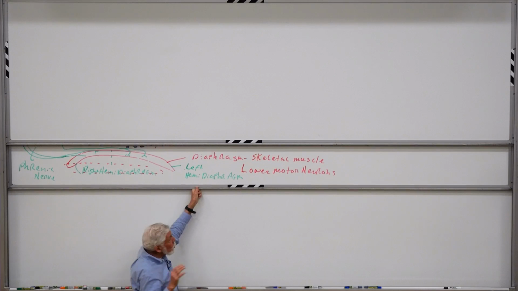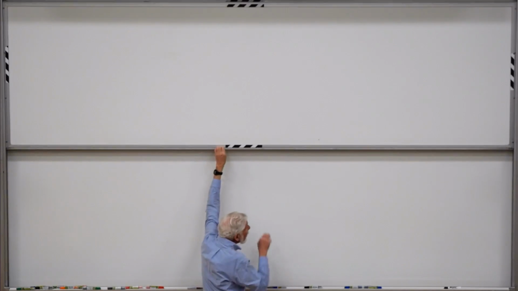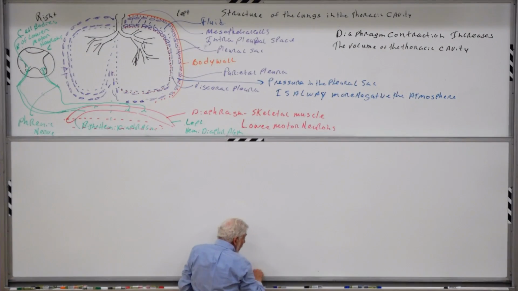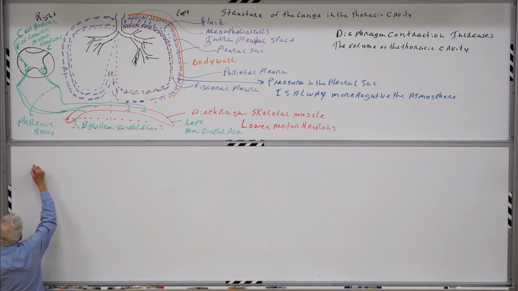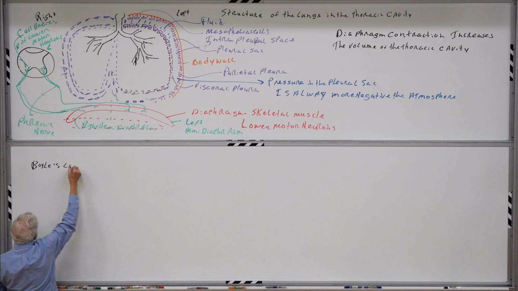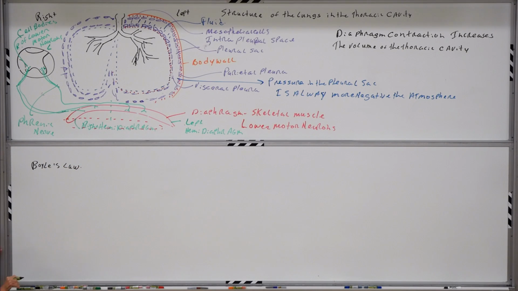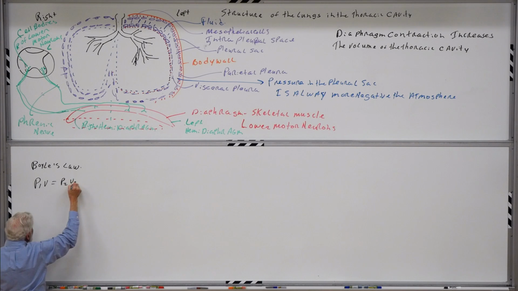Because now what we're going to do is drill down a little bit and talk about sort of the physical chemistry of this in very simple terms. And this is something called Boyle's law. And Boyle's law simply says that P1 V1 is equal to P2 V2.